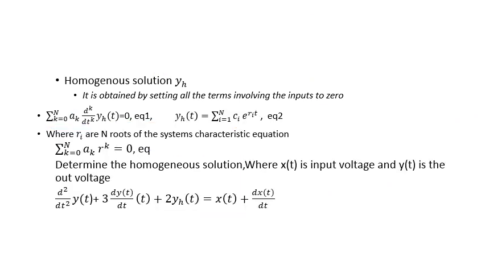Let's consider another example. Here we have a second order system, so n equals 2, and this is the equation for the system, and we have to find the homogeneous solution.